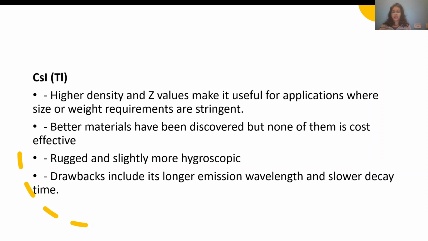Moving on to the next material, which is cesium iodide thallium. It is another popular alkali halide scintillator. It has high density and Z value, which makes it useful for applications where size or weight requirements are stringent. Better materials have been discovered, but none of them is cost effective.